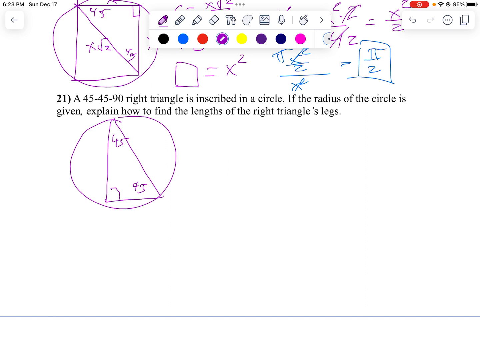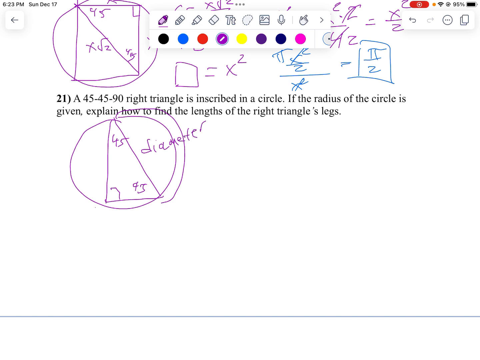Oh, because I would know that since it's a right triangle, I know this is the semicircle, so this is my diameter, isn't it?